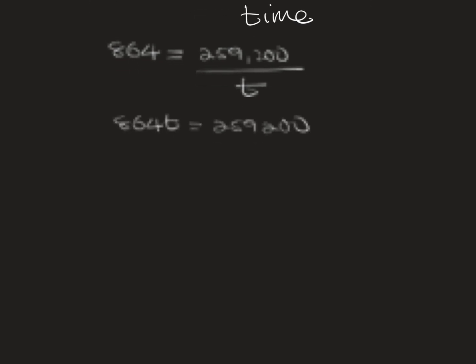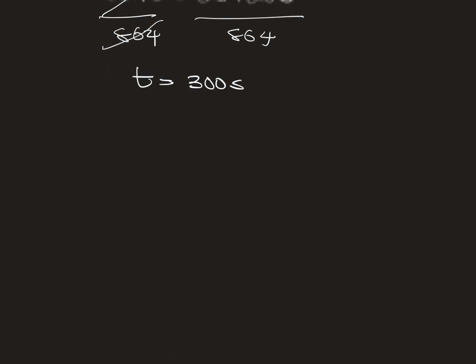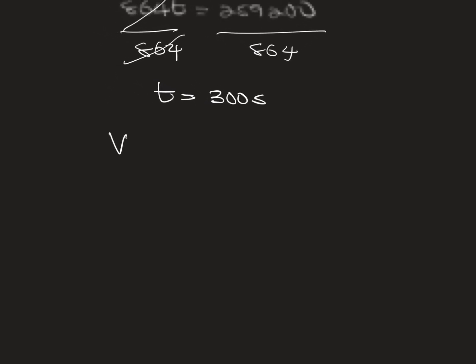If I divide both sides by 864, then I will have time as 300 seconds.